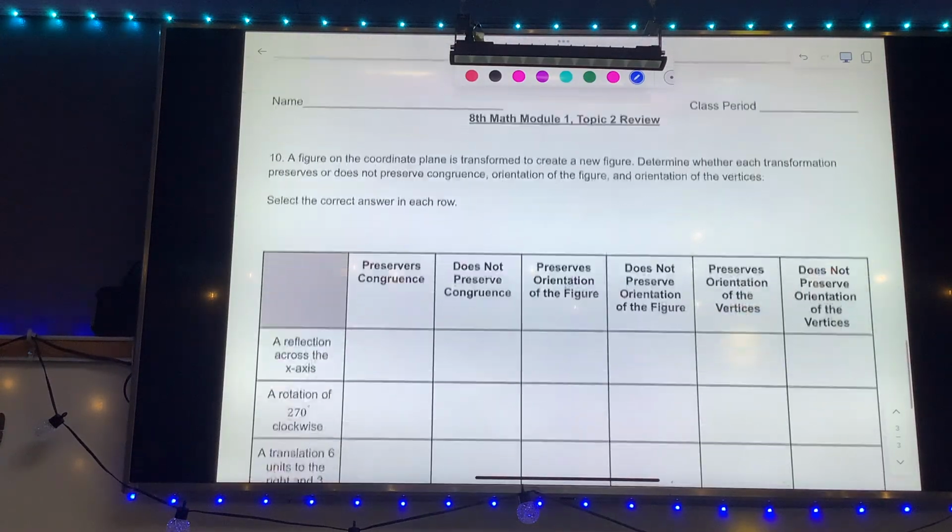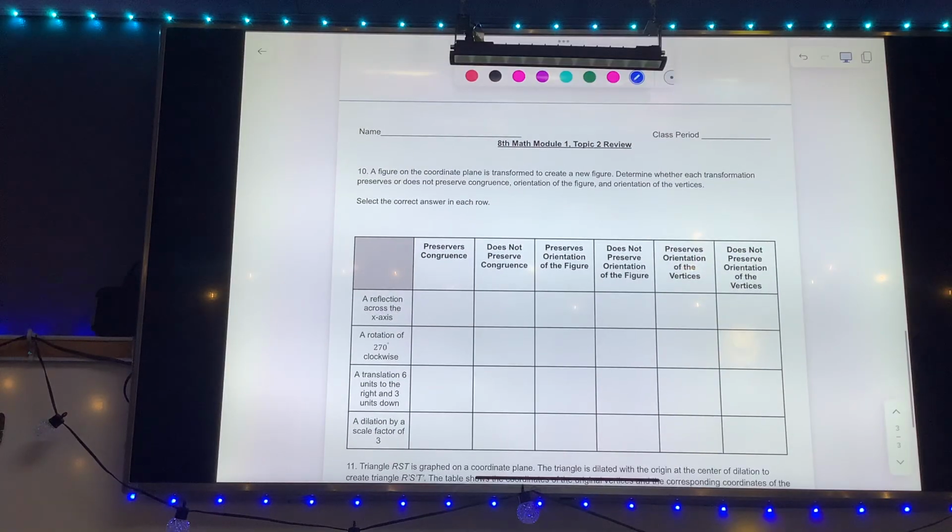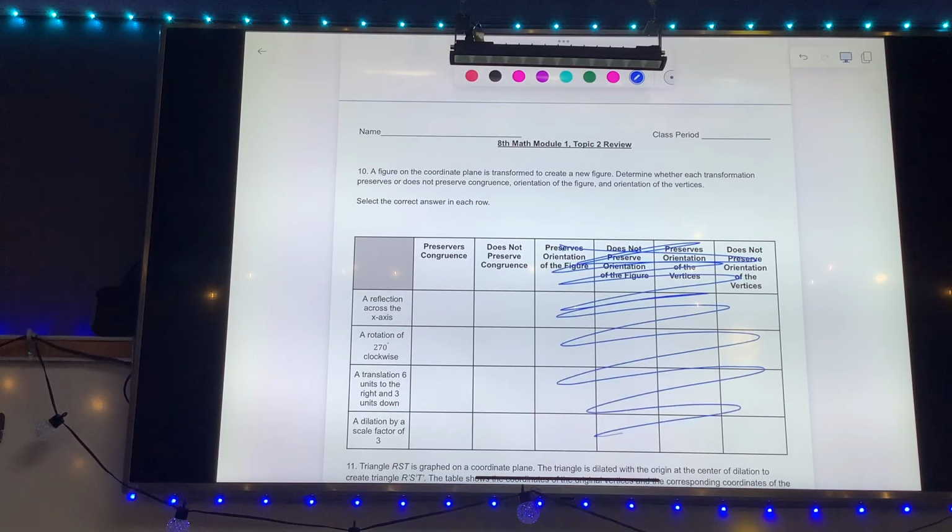Number 10. Okay, on number 10, if you're 7th honors, you can mark this out. You are just looking at these 2 columns. Okay? We're preserving congruent, which means same size, same shape. So a reflection across the x-axis. If you are flipping it across the axis, it is staying the same size, same shape, so it is preserving congruency.